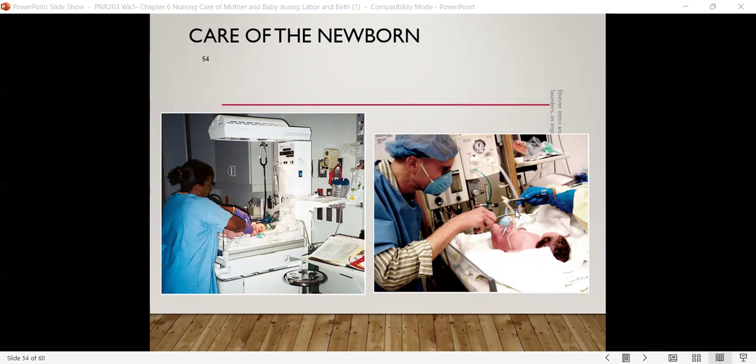So here you have in the OR, because Daddy is here, and Daddy has a mask and cap on, and he's actually bonding with his baby, which is lovely because Mom probably is getting sewn up over there. And there's a bulb syringe, again, the radiant warmer, and this baby has a temperature probe on, and this probe is plugged into the radiant warmer.